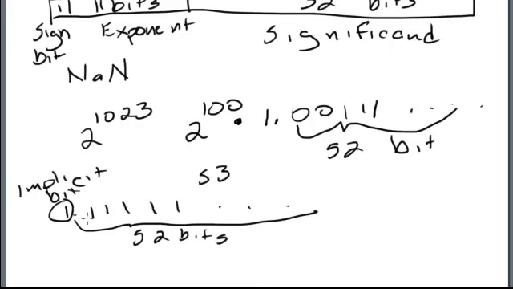So if I multiply this number by 2 to the 52, that's going to push that decimal place 52 places to the right. Now if I go to 53, that's going to have a 0 at the end, and I'm going to start skipping numbers.